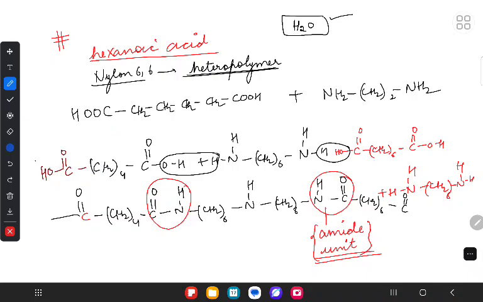Are we understanding the point? Yes or no? So nylon 6,6 is a kind of heteropolymer. Understood my point? Got it?